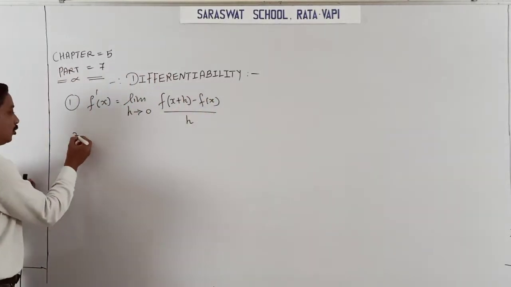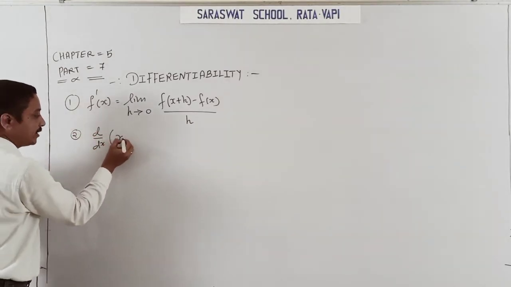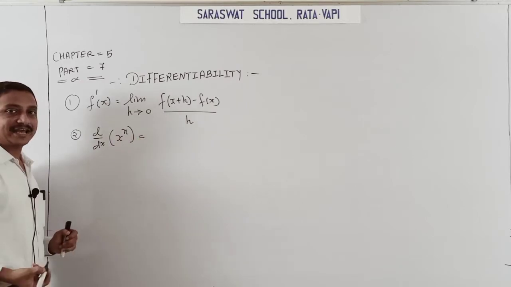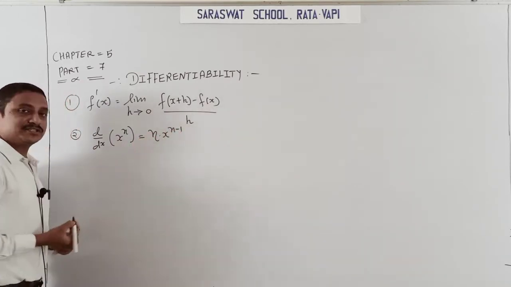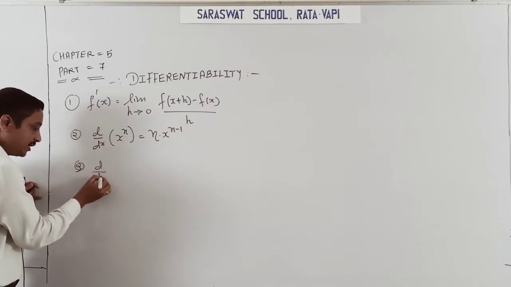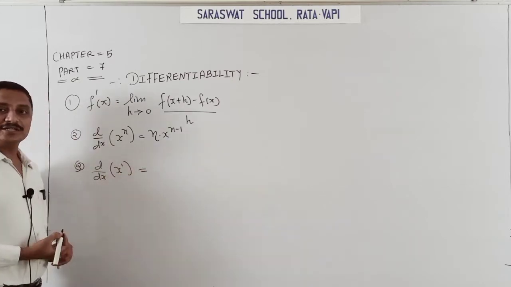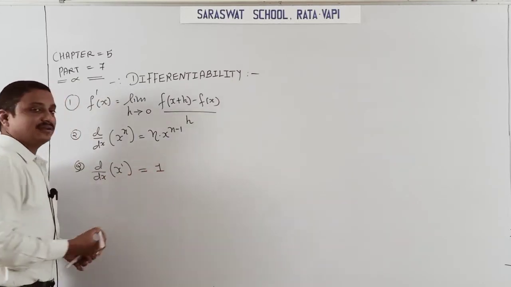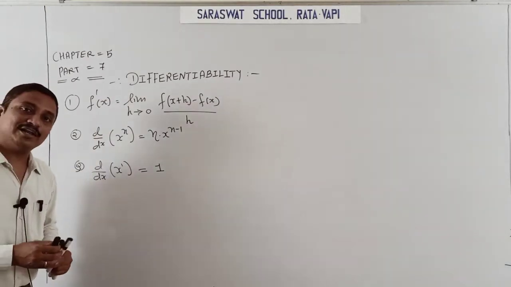Now the derivative formulas. Second, d/dx of x raised to n. Yes, I think you know, it is n x raised to n minus 1. Third, d/dx of x is 1, because the derivative of x with respect to x is 1 only.